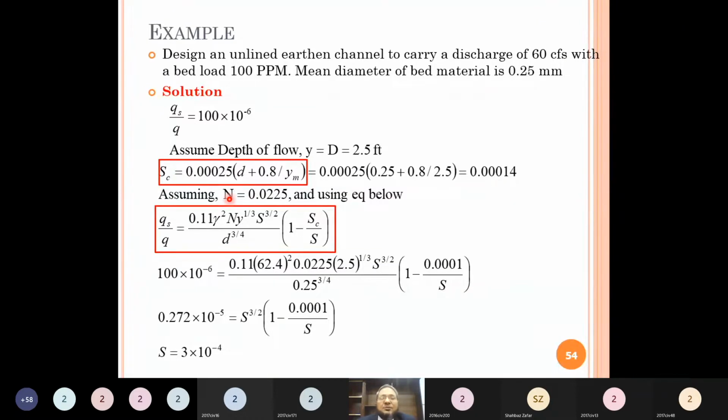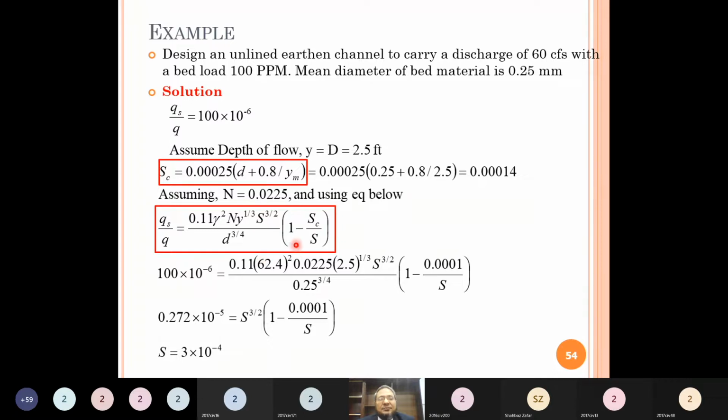And then we have to assume this Manning's n, 0.0225. We can see this Manning's n value by consulting any tables given in standard books of irrigation engineering. Now we will use the equation given by Du Boys to compute the bed load transport rate, Qs over Q, and so on. By substituting values, you can compute the S, because in this equation everything is known.